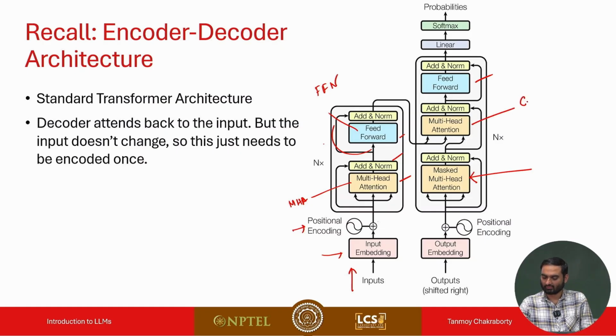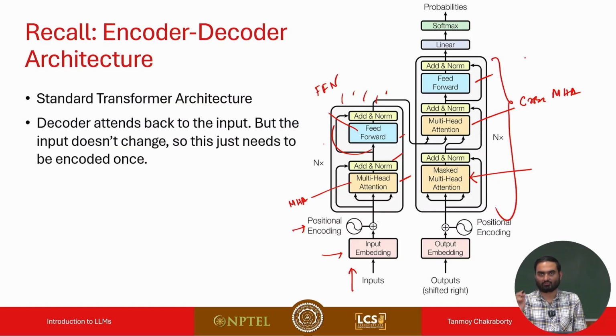So this is cross multi-head attention, and through this cross attention, the decoder block attends to the outputs of the encoder block, right? So this is the usual setup, right? And then you repeat this block a number of times.